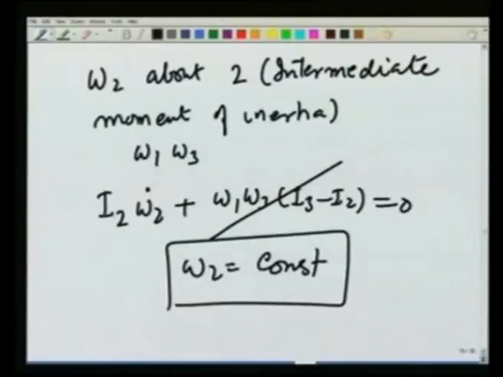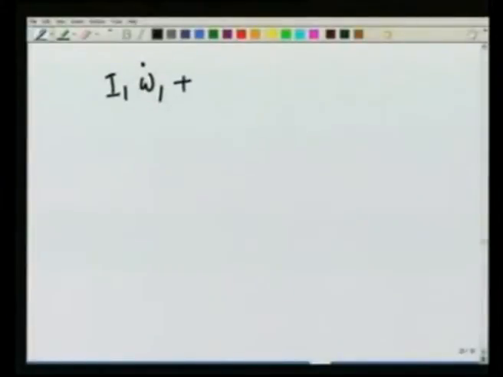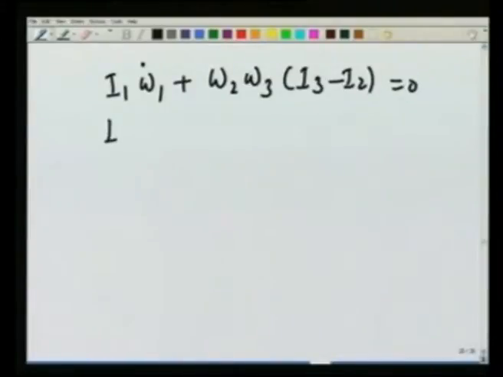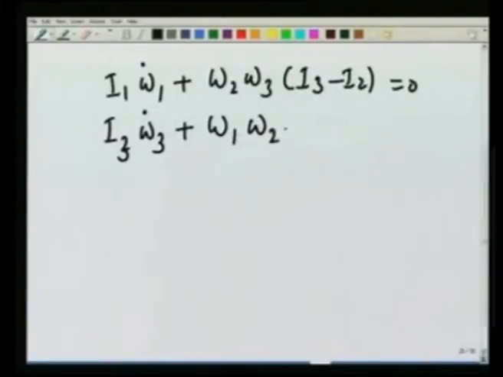How about omega 1 and omega 3? I would have I1 omega 1 dot plus omega 2 omega 3 (I3 minus I2) is equal to 0, and I3 omega 3 dot plus omega 1 omega 2 (I2 minus I1) is equal to 0.